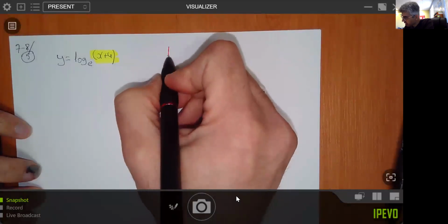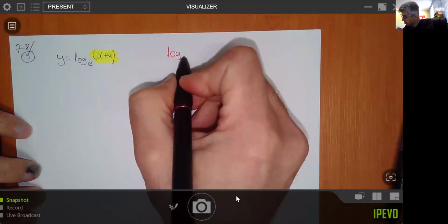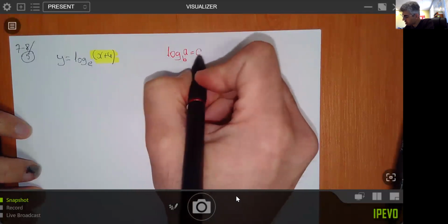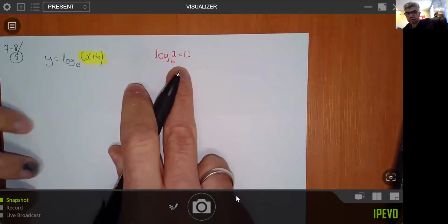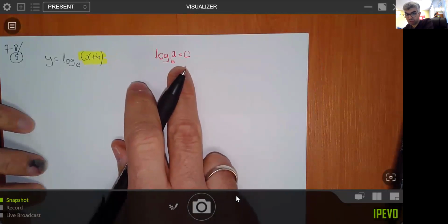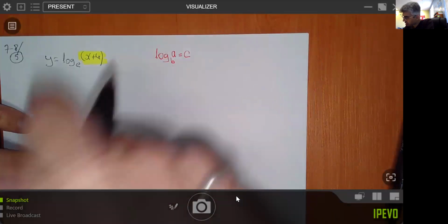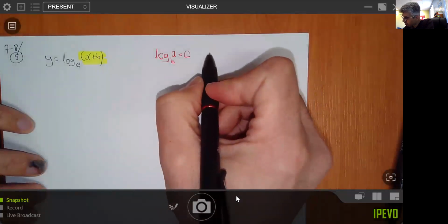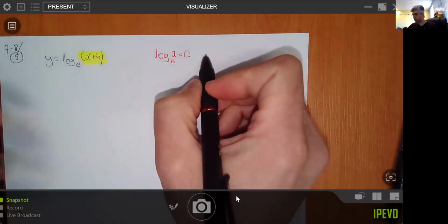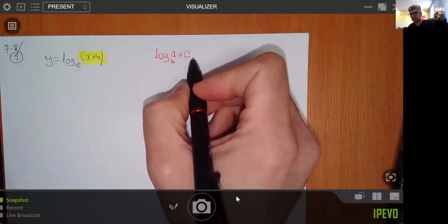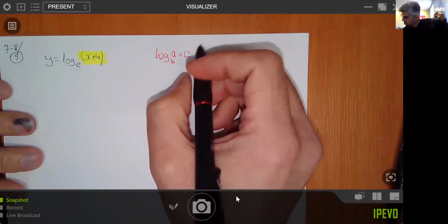Whenever I have a logarithmic function with the base b, logarithm of a is equal to c, we are going to use this a lot, during the quiz and during this test on Thursday. We have to know converting from logarithmic function to exponential function or exponential to logarithm.